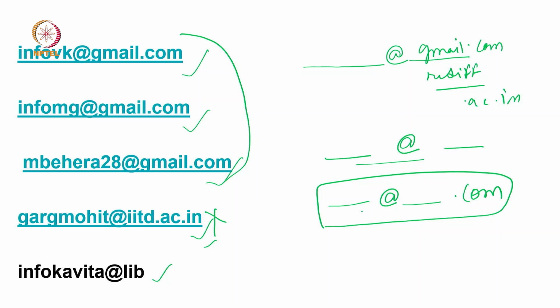For this email ID, we have to design another regex. For taking up this email ID and also this email ID, we have to think of a different pattern. What pattern can it be? It can be like this: @, then dot, then this, then dot, and this can be optional.